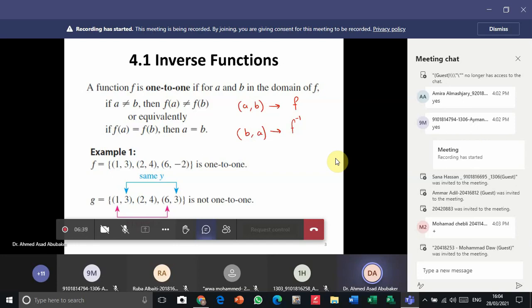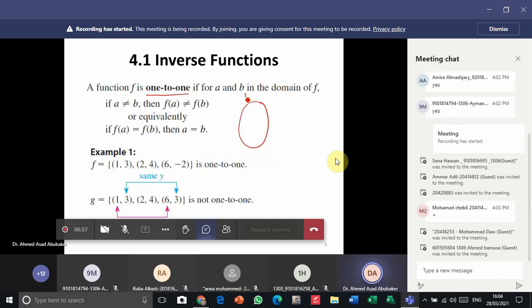Before starting with the inverse, we have a main condition to find the inverse. This is a one-to-one function. For a one-to-one function, this is the domain and this is the range.